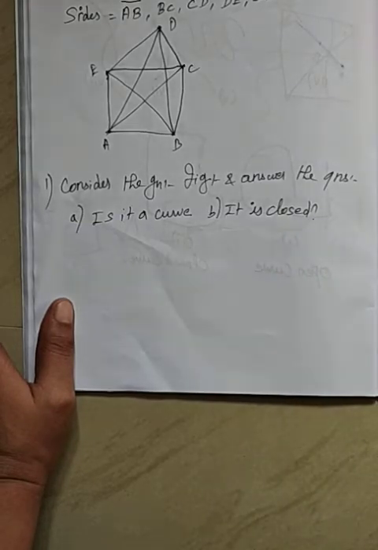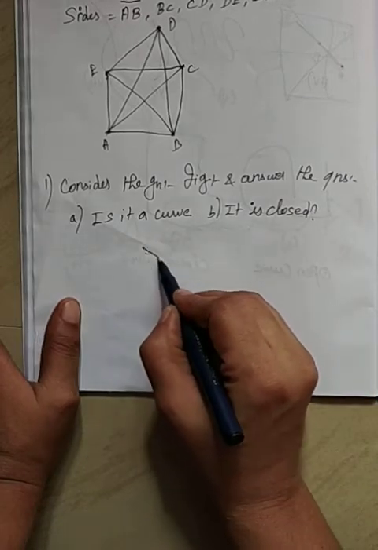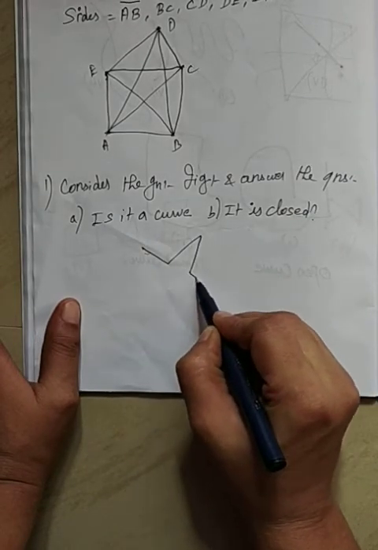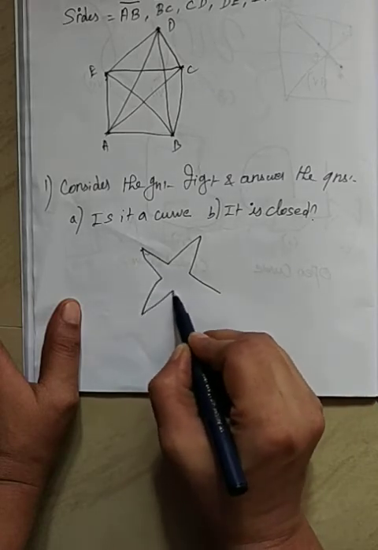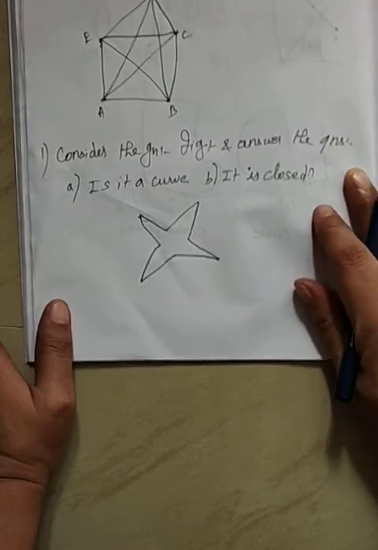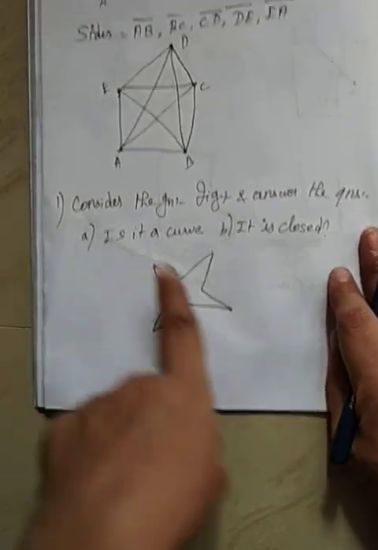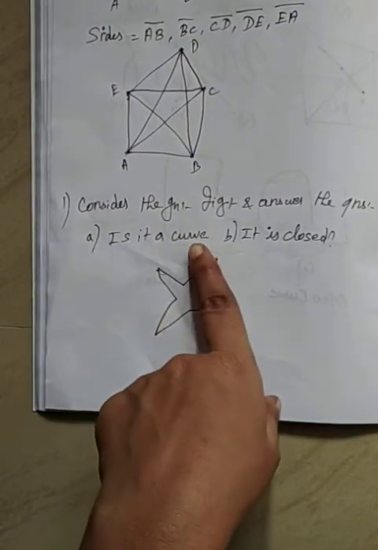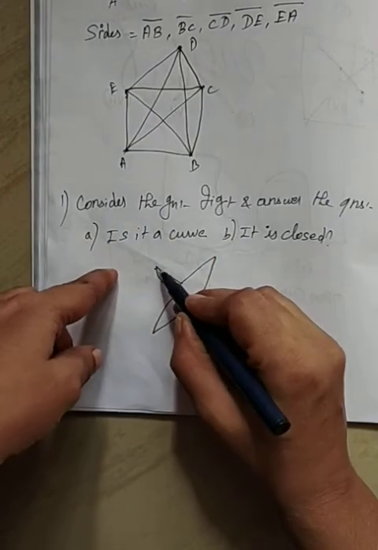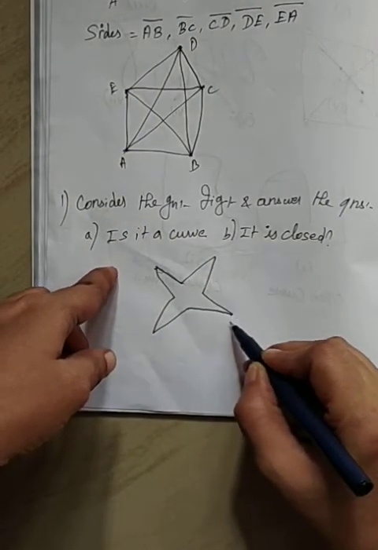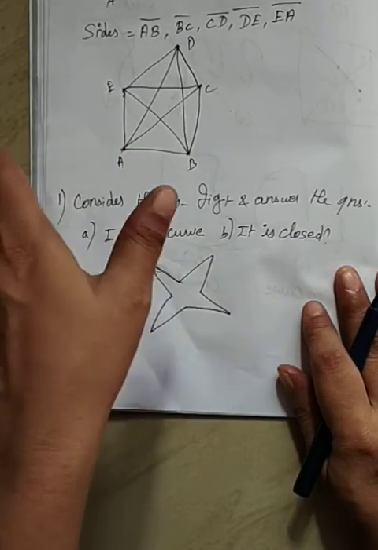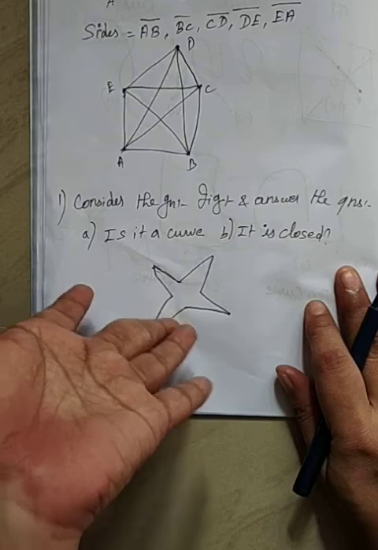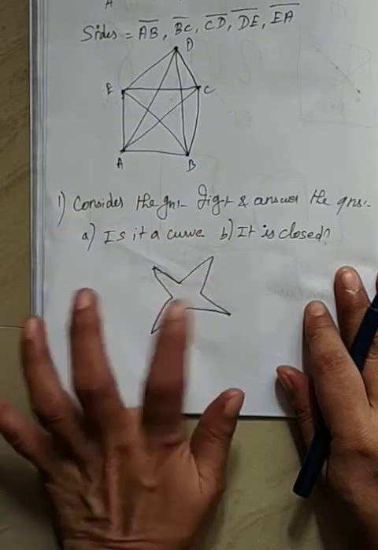Okay, see the diagram. See this figure. It is a curve. Yes, I start at this point and end at this point, so yes, it is a curve. It is closed, see here. Yes, it is a closed curve.